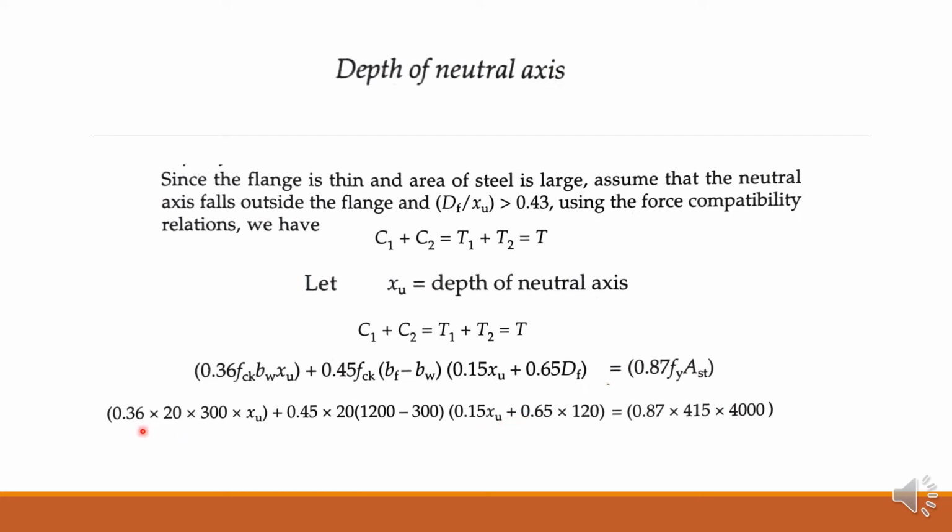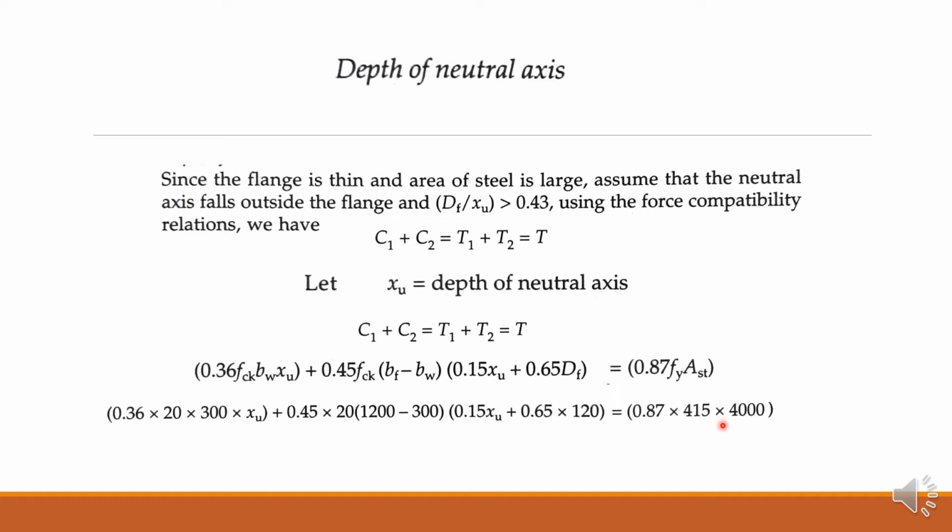So 0.36 into 20, that is the characteristic compressive strength FCK, into BW, which is 300, into XU, plus 0.45 into FCK 20, into BF 1200 minus BW 300, into 0.15 XU, plus 0.65 into DF, that is 120, is equal to 0.87 into 450 into area of steel.